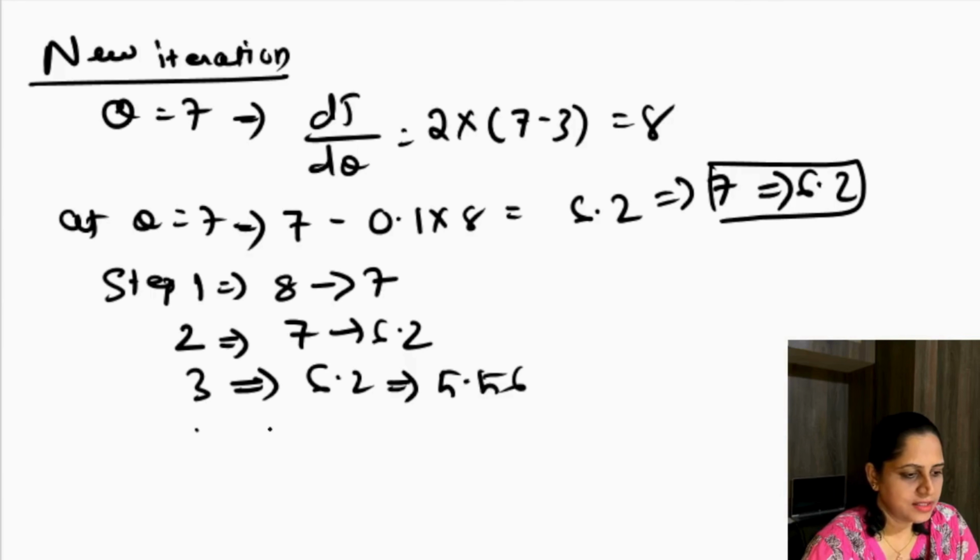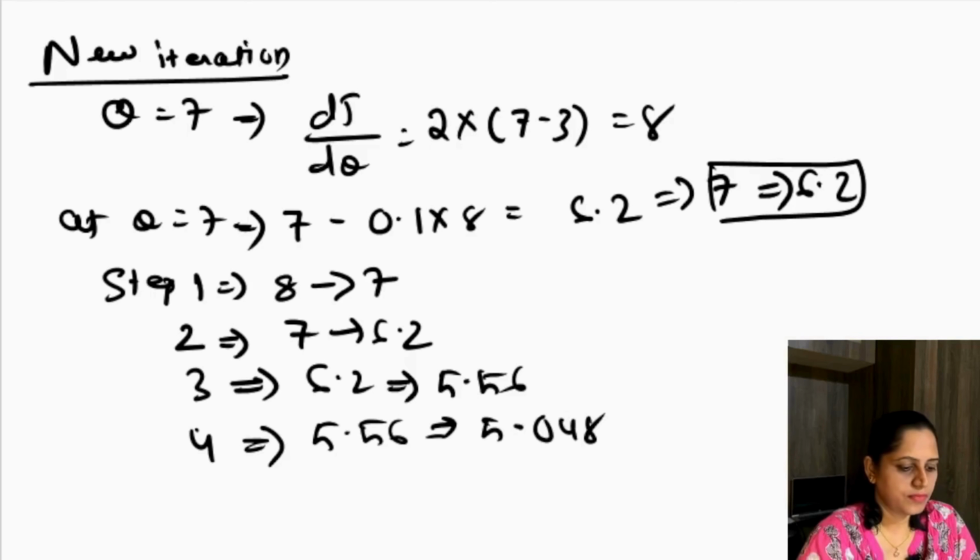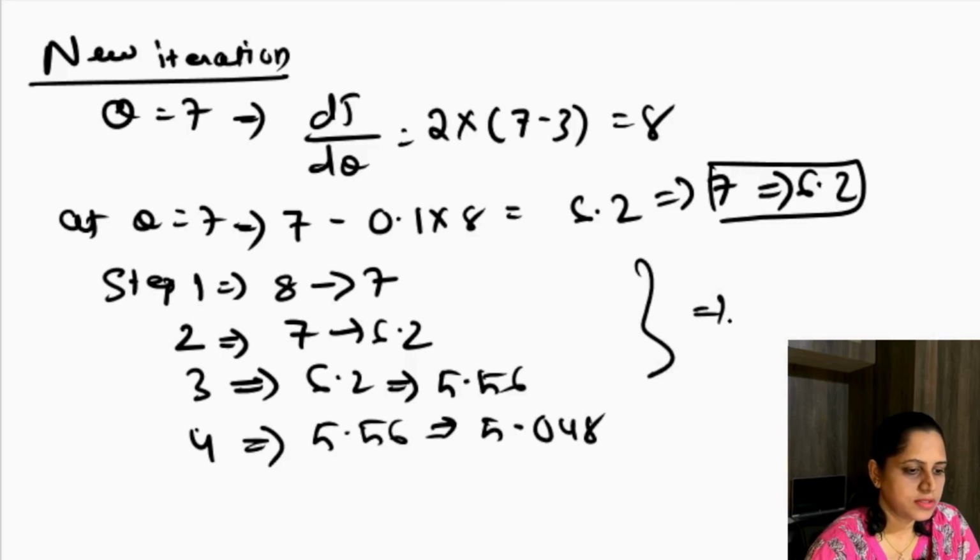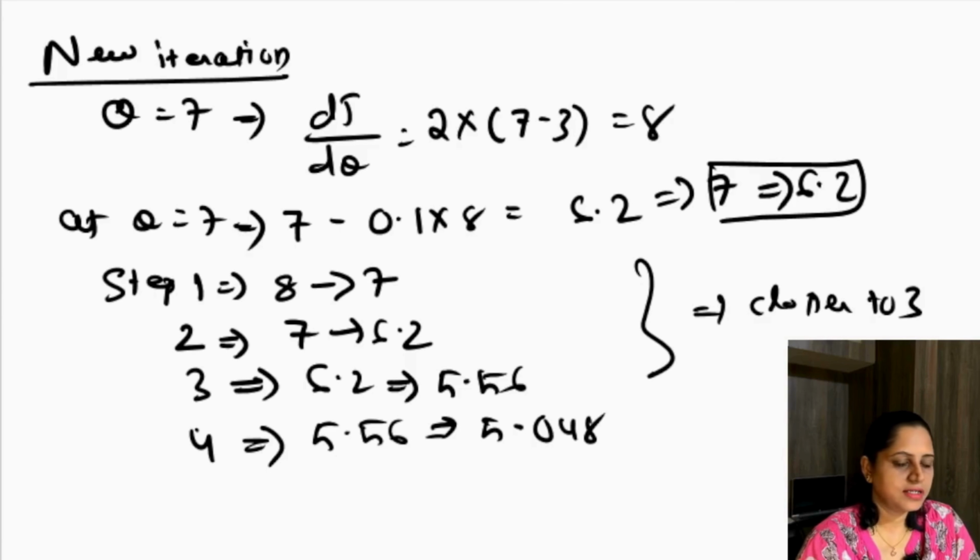Just like that, it will converge. 5.56 will become 5.048, right? So it will start going closer to 3, right? And that's how it completes its learning.